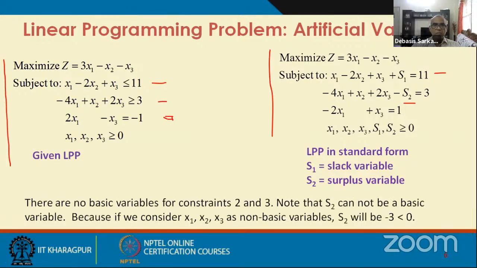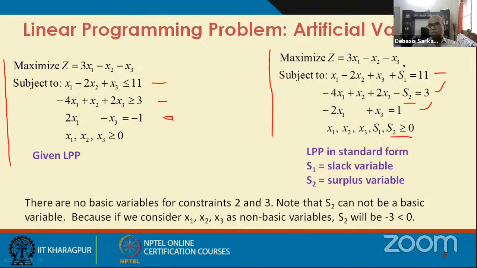But note that there is no basic variable for this constraint as well as this constraint. Note that s2 cannot be a basic variable, because if I consider x1, x2, x3 as non-basic variables, that means their values are 0, then s2 becomes -3, which violates non-negativity.